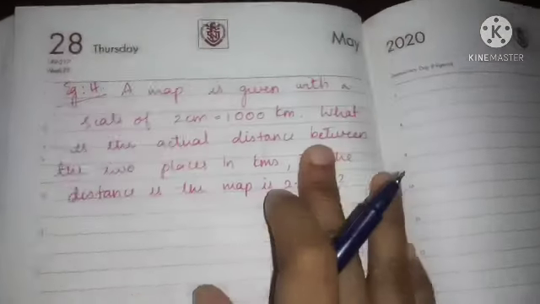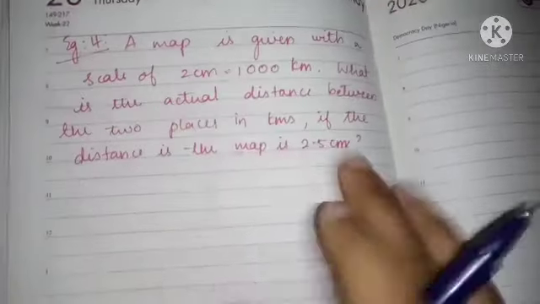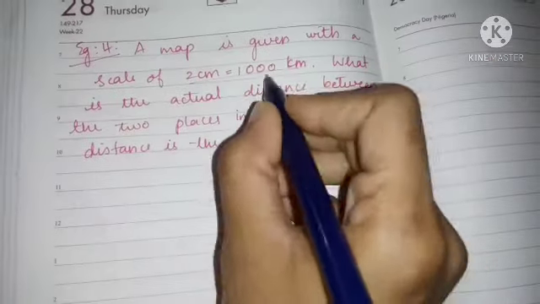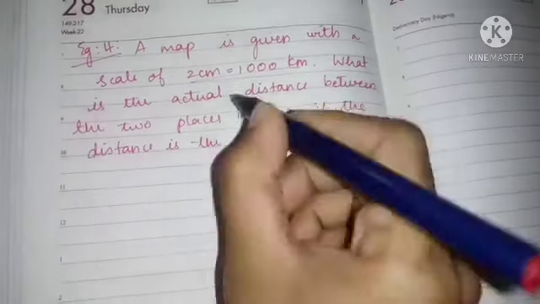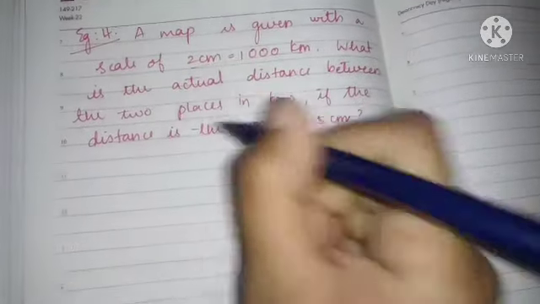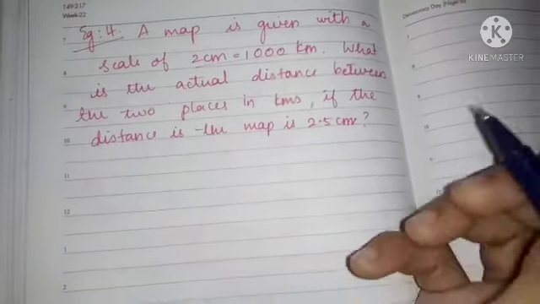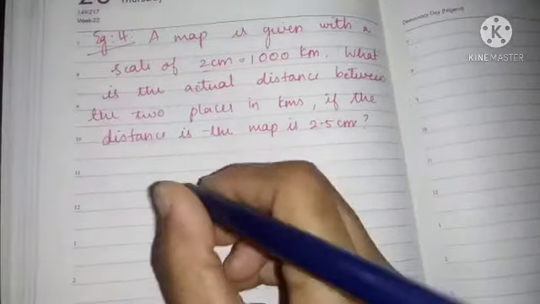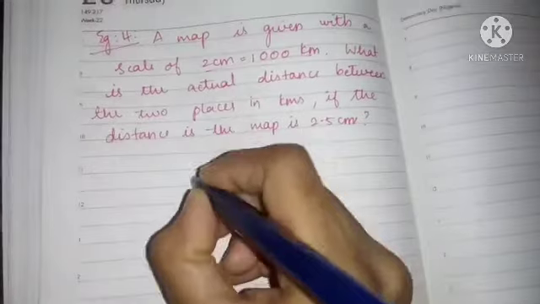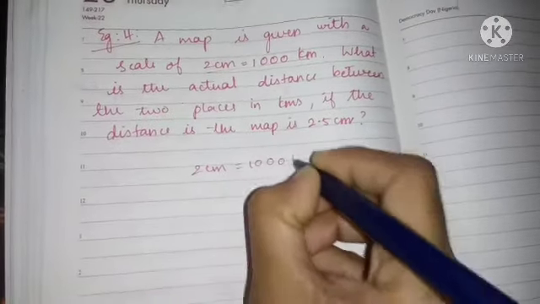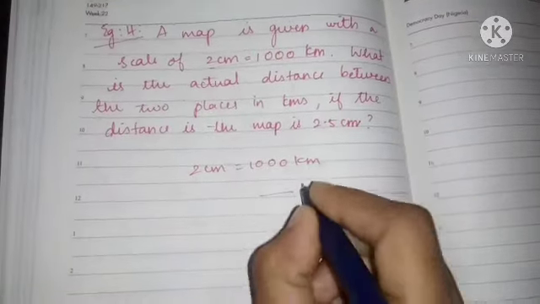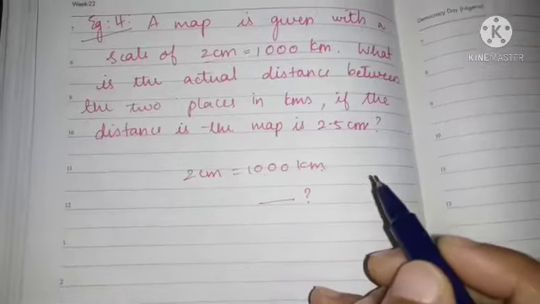A map is given with a scale. You know your map, right? They will be writing the scale on the side: 2 centimeters is equal to 1000 kilometers.